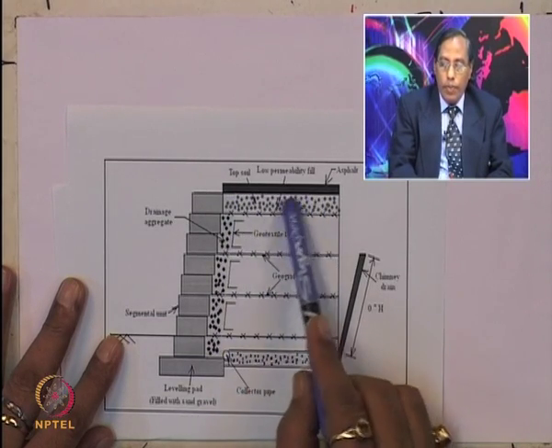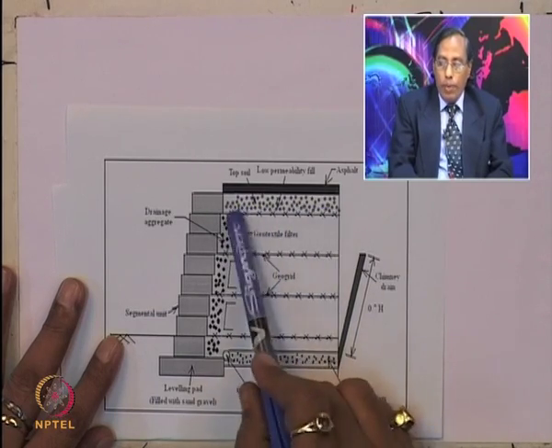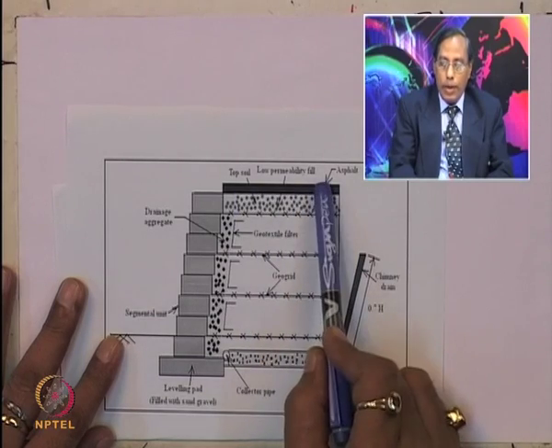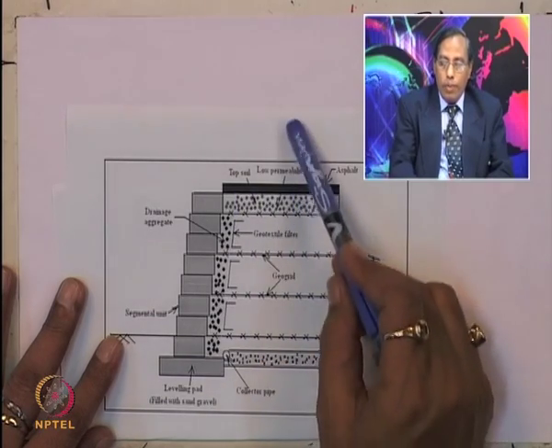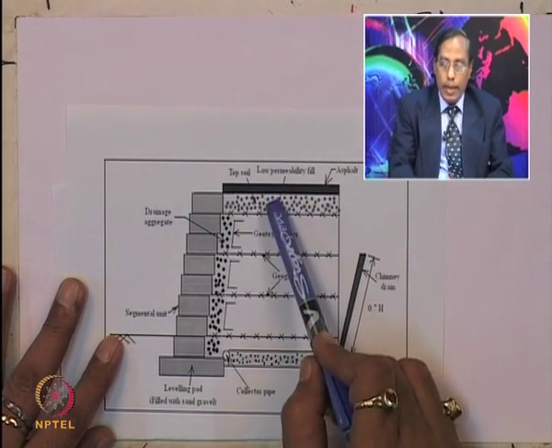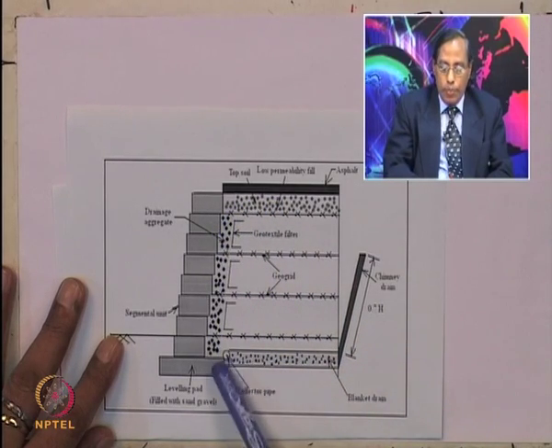Also at the top you can provide a low permeability fill material, and on top of that is the asphalt. Due to rain, water may percolate through the asphalt, and it can also act as a drain and pass through the collection pipe.